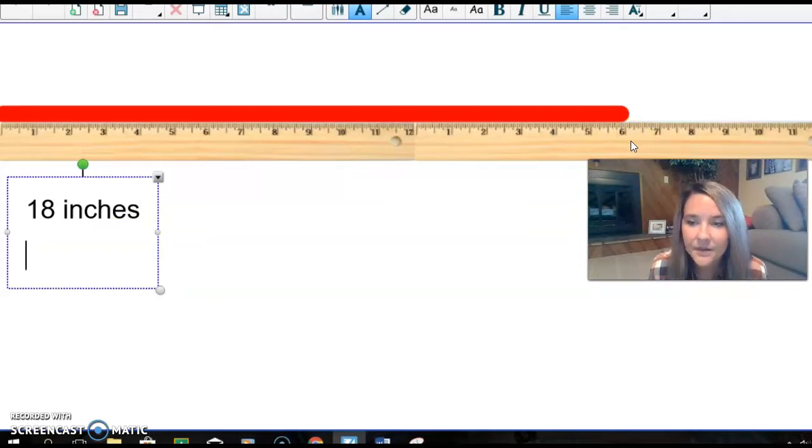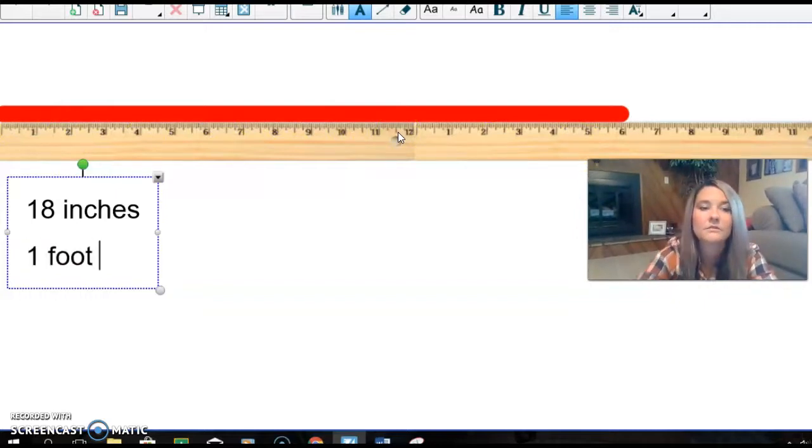What is another way I could record how far I jumped? Well, I know that 12 inches is equal to 1 foot. So I did jump 1 foot.